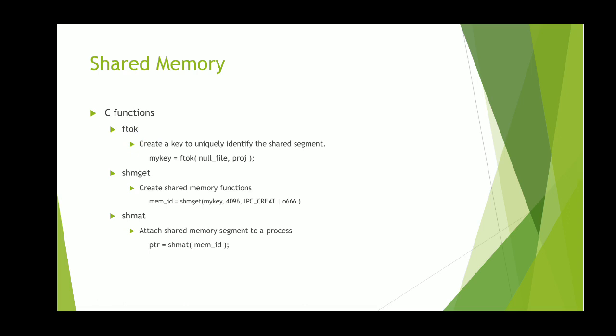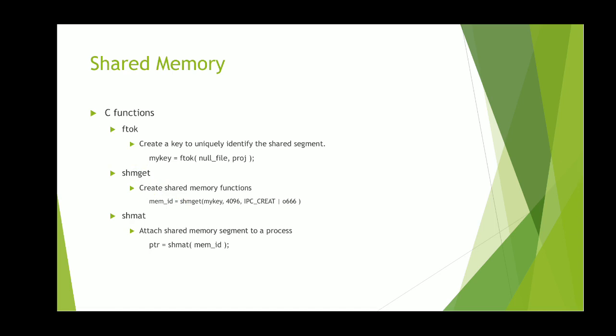So this ftok function will create a key to uniquely identify the shared memory segment, and this is the syntax of the ftok function. Upon executing it, we will get a unique key, and this key can be given to the shmget function, or shared memory get function, to obtain the shared memory ID.